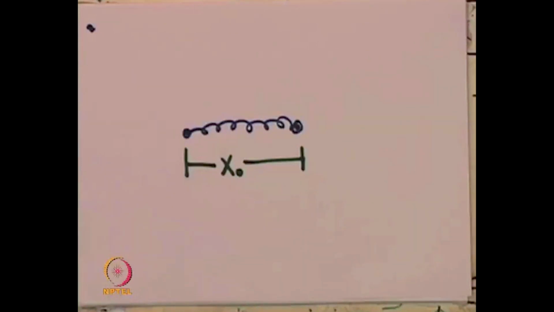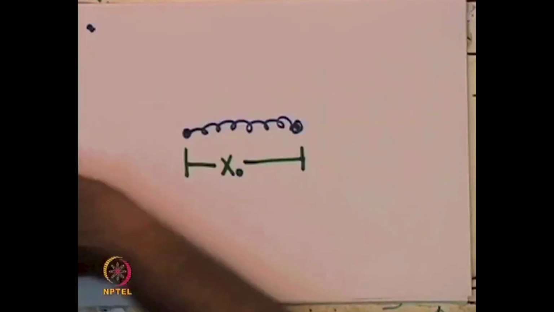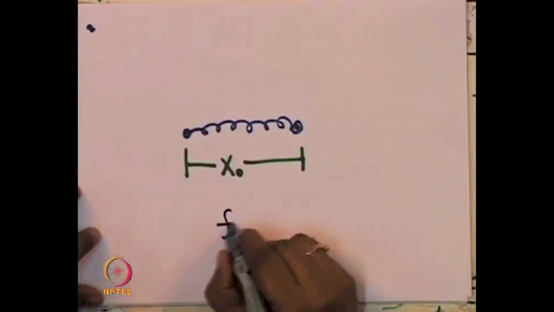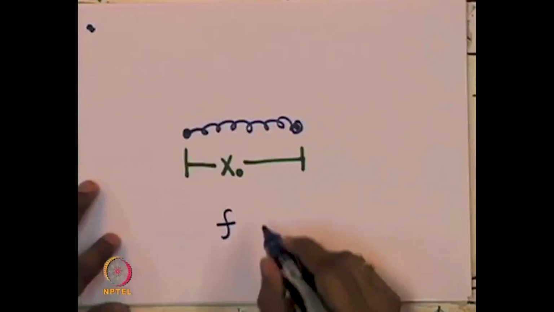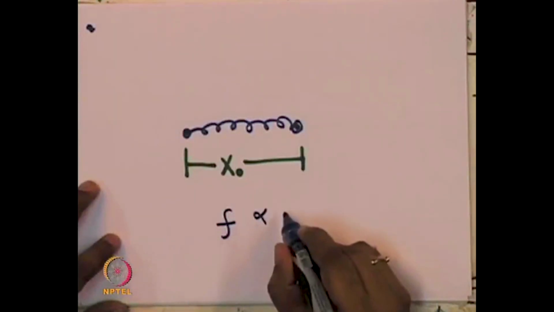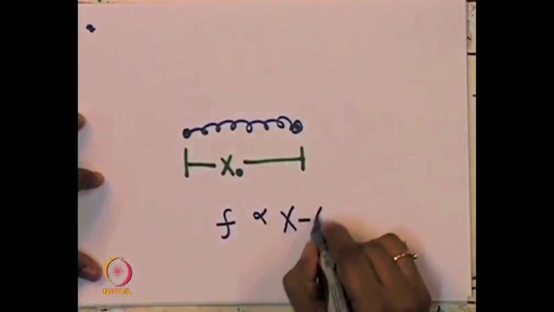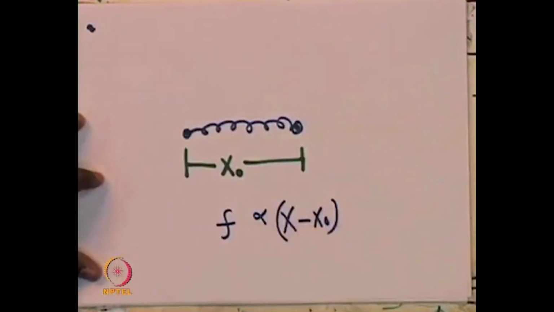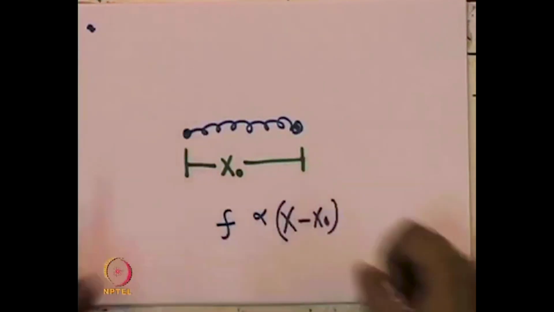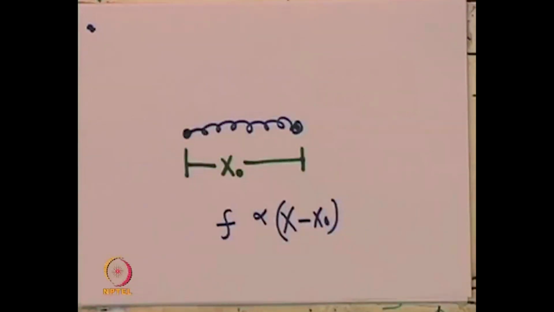Now the more force you apply, the more difficult it is to stretch. The force you need to stretch is proportional to how much you go away from x0, so x minus x0. Whether you increase or decrease the distance, the force will be affected.